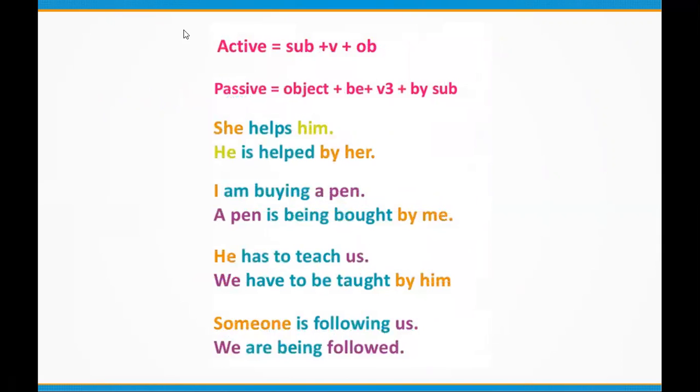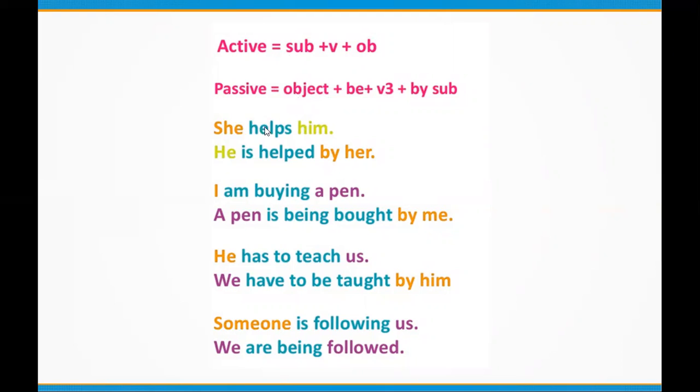Now we can see in active voice the formula. For example, if the given sentence is in active voice, that is subject plus verb plus object. While writing in passive voice, you have to change it to object plus be form plus V3 plus by plus subject. You can see this example. She helps him. This is an active voice.